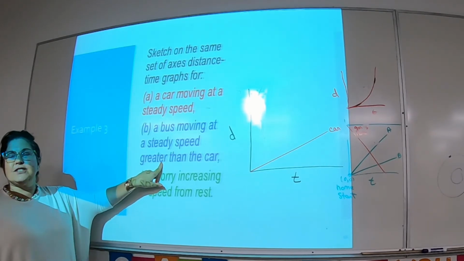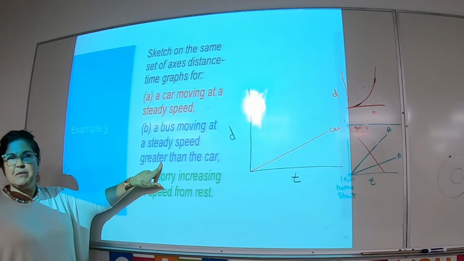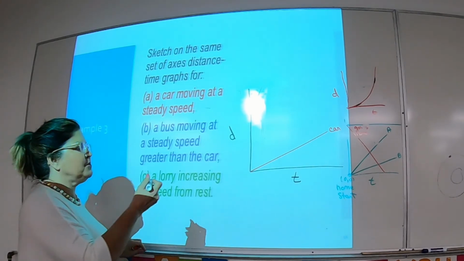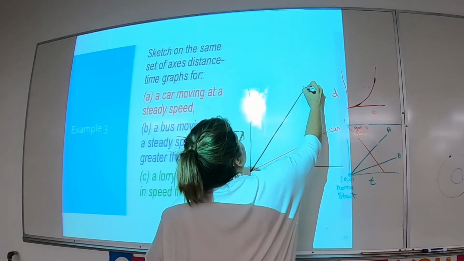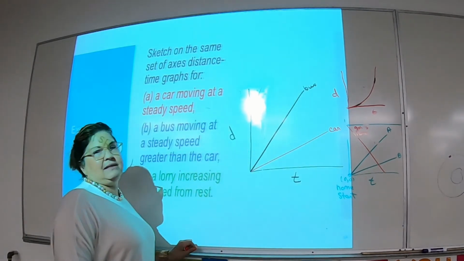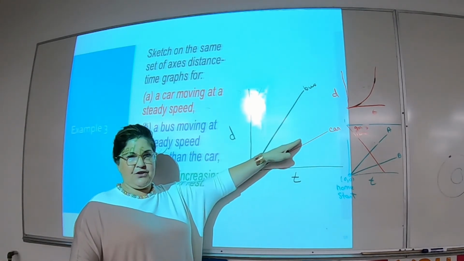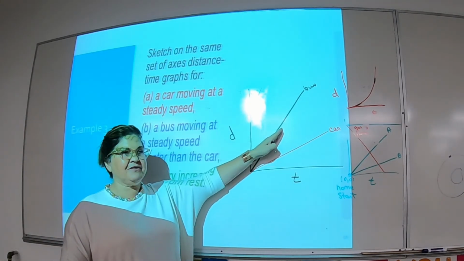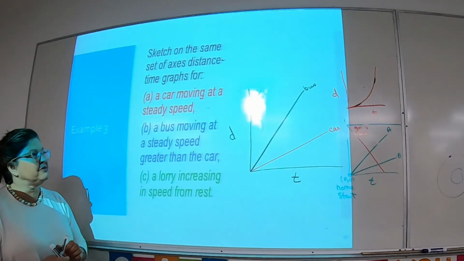It says it is going faster than the car. So that means I have to make it steeper. Exactly. So long as it's a line that's above your car, again, it doesn't have to be exactly here. It just needs to be a line above your car.